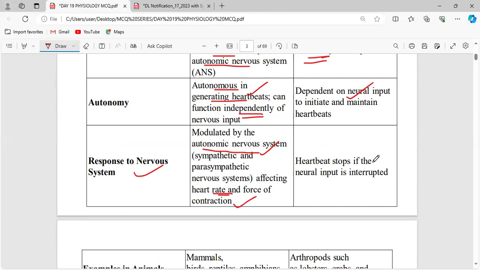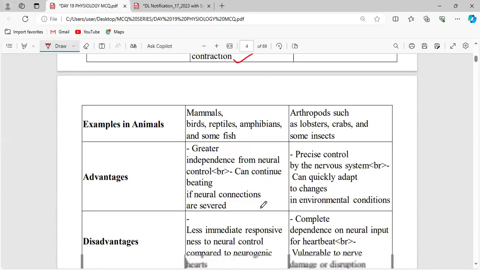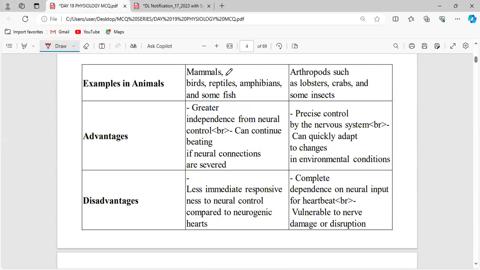In neurogenic hearts, the heartbeat will stop if the neural input is interrupted. If there is any damage, the heartbeat tends to stop entirely. The myogenic heart is seen in mammals, birds, reptiles, amphibians, and some fish, and neurogenic hearts are seen particularly in arthropods.